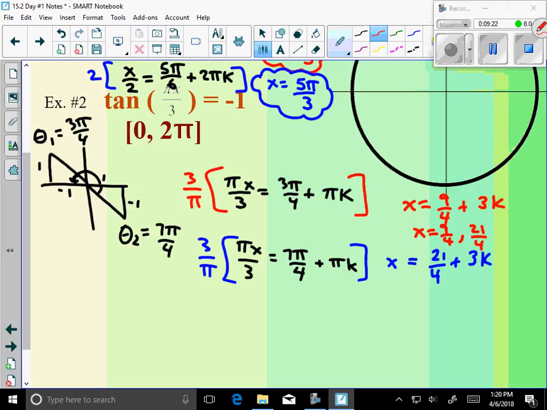I needed the 3k on that one. All right, so I get 9/4 and 21/4. If I go further, it's going to be past. What would this one render? 21/4. I'm going to add 12/4 to that. Is it going to be outside of the window of 0 to 2 pi? Yeah, it will be.